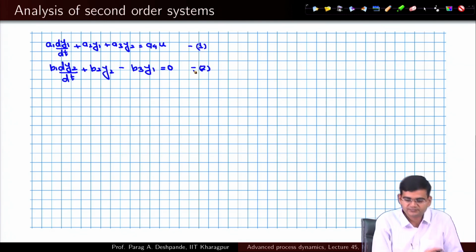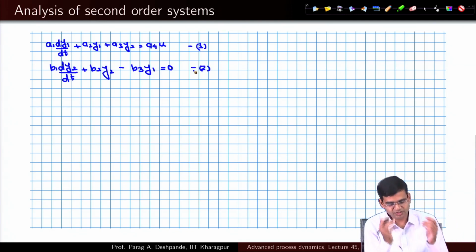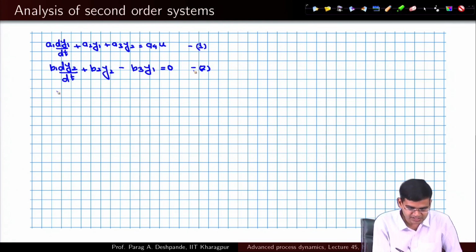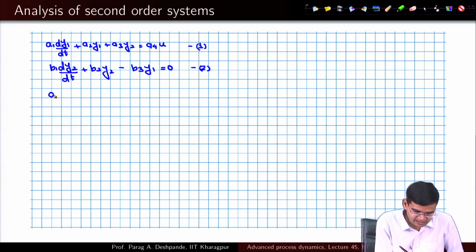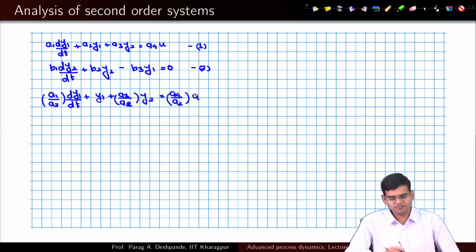equation 2. Let me try to determine the transfer function. I will put the equations in the standard form. I will write this as A1 upon A2 dy1 by dt plus y1 plus A3 by A2 y2 is equal to A4 by A2 u, the standard form.